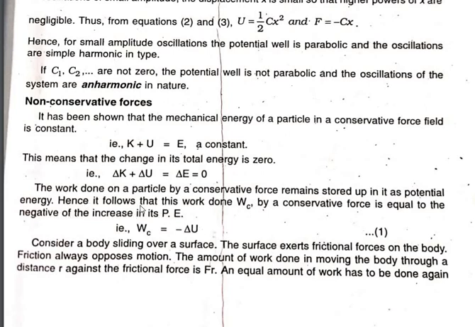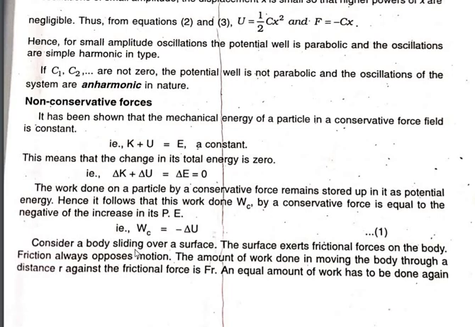Hence, it follows that W is equal to delta K plus delta U is equal to 0, or delta U is equal to minus delta K. So the work done in a conservative force field, Wc, is equal to minus delta U.